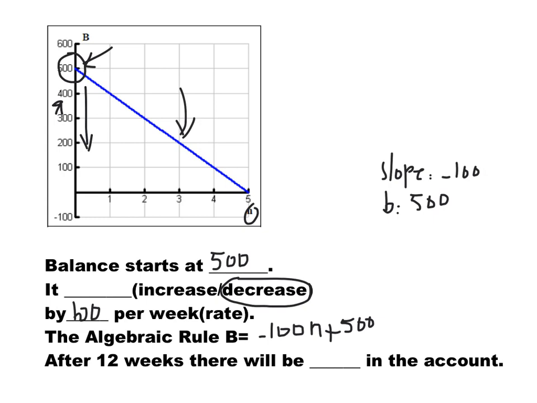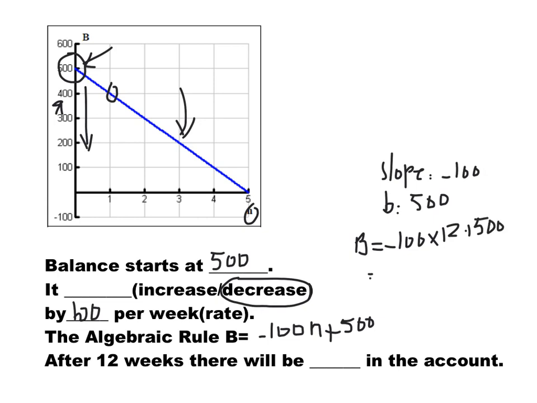Now we can test our equation. If n is equal to 0, this equation gives us 500. When n is equal to 1, after 1 week, the equation has to give us 400. So negative 100 times 1 is negative 100, plus 500 is 400, which is correct. Now it says after 12 weeks. So I'm going to evaluate B: negative 100 times 12 plus 500.